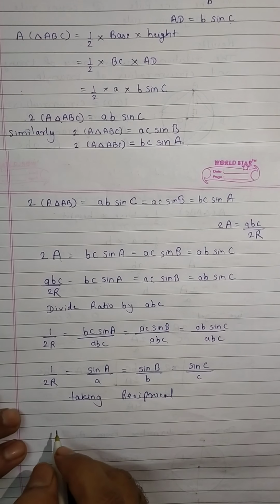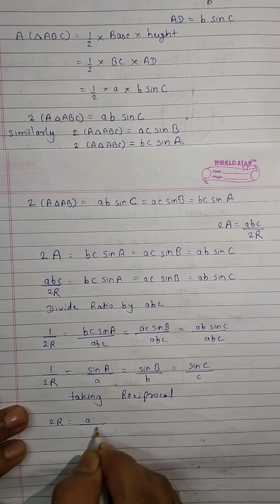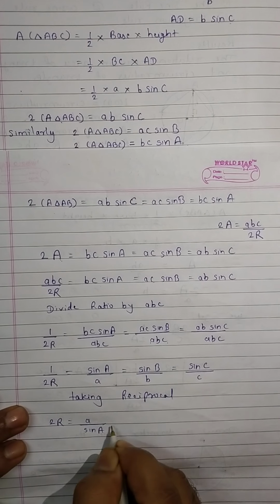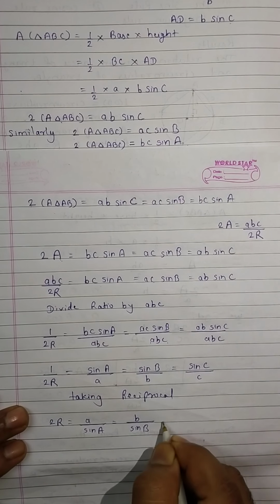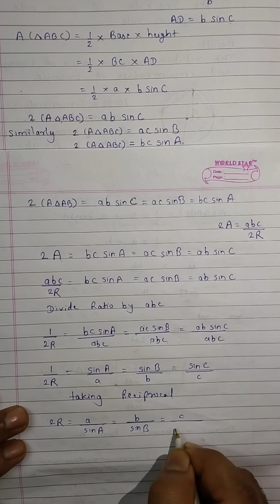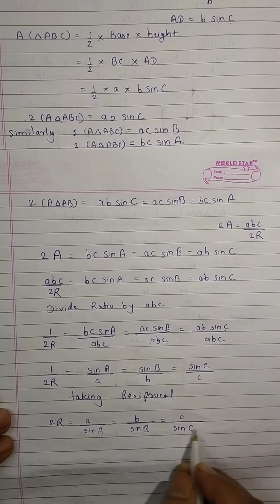Taking reciprocal, what we get? 2r is equal to a upon sine A, b upon sine B, c upon sine C. So this is the sine rule by using this result.